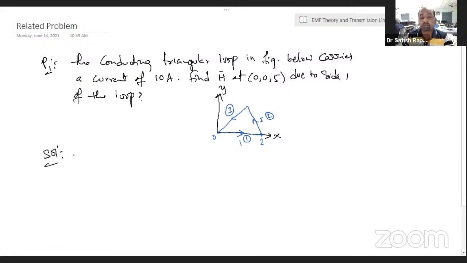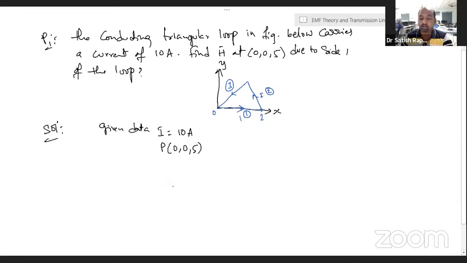So the conducting triangular loop in the figure below carries a current of 10 amperes. So given data, I is equal to 10 amperes, and find the magnetic field at a point P (0, 0, 5) with respect to side 1, right?